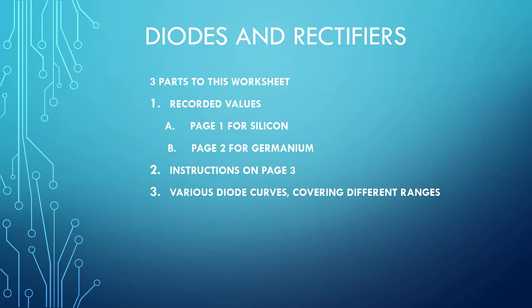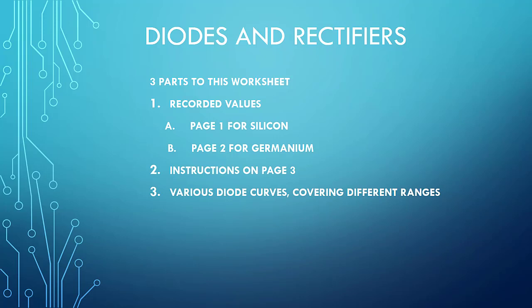We're going to assume that our diodes, when they're a go, are 0.7 for our second approximation. Page 2 is going to be for our germanium diodes. So page 1 silicon, page 2 germanium. When our germanium diodes are a go, they're 0.3 volts, not 0.7.